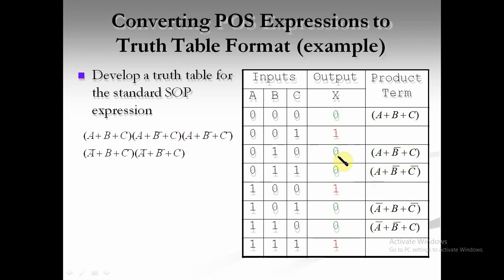Whatever the present terms are, those are 0, and the remaining terms are 1. Last one, A bar plus B bar plus C: A bar means 1, B bar also 1, and C is 0. The marked terms are 0, and the remaining terms are 1. That is the POS.